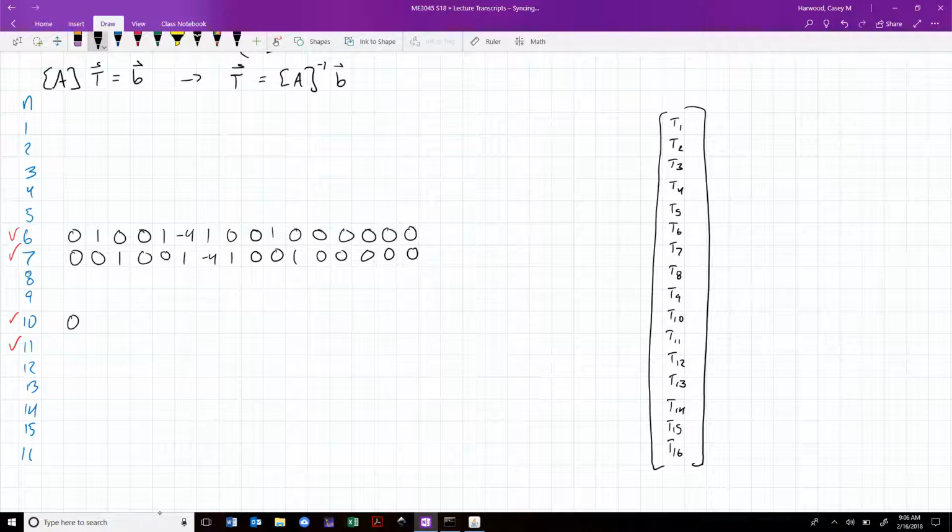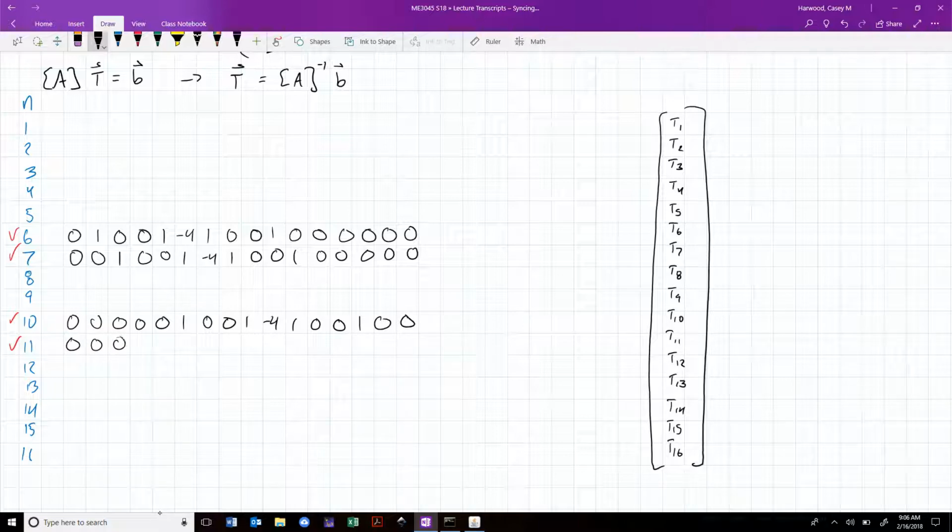At 10, it's going to start at 0, 1, 0, 0, 1, negative 4, 1, 0, 0, 0, 0, and at 11 it's going to be shifted over 1 relative to that. 1, 0, 0, negative 4, 1, 0, 0, 1, 0. So those are the only 4 equations we really need.